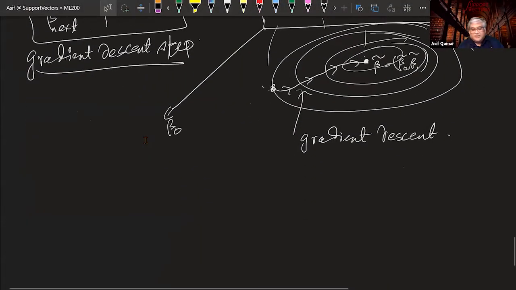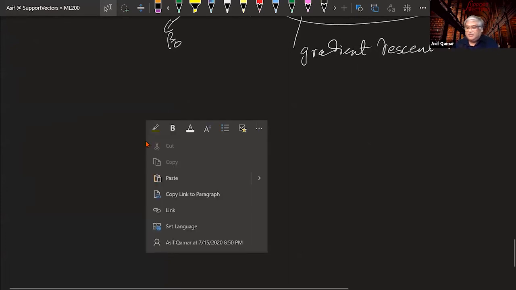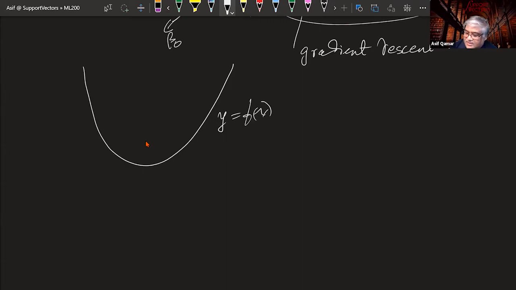So to motivate this, I will just take a simple example about gradients to illustrate a point. See, if you have a function, let me take y is equal to f(x), that looks like this. It could, for example, be something plus something x squared.